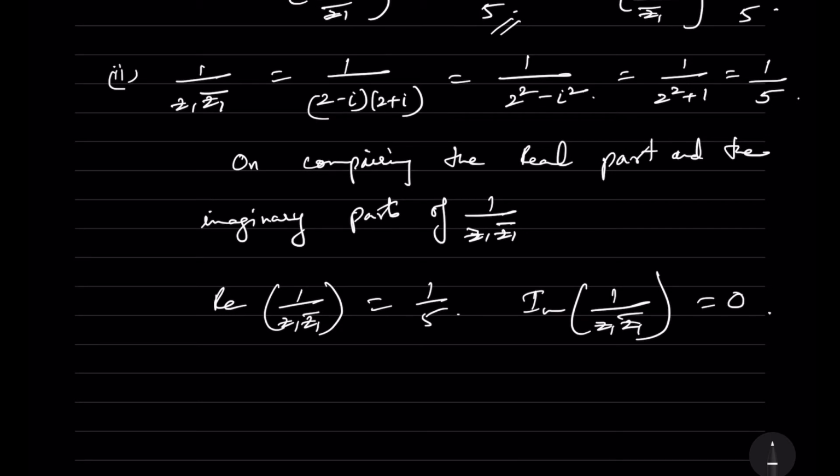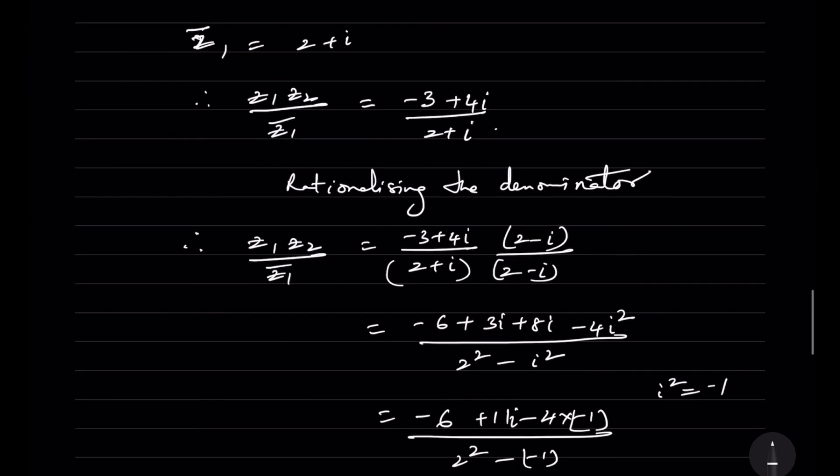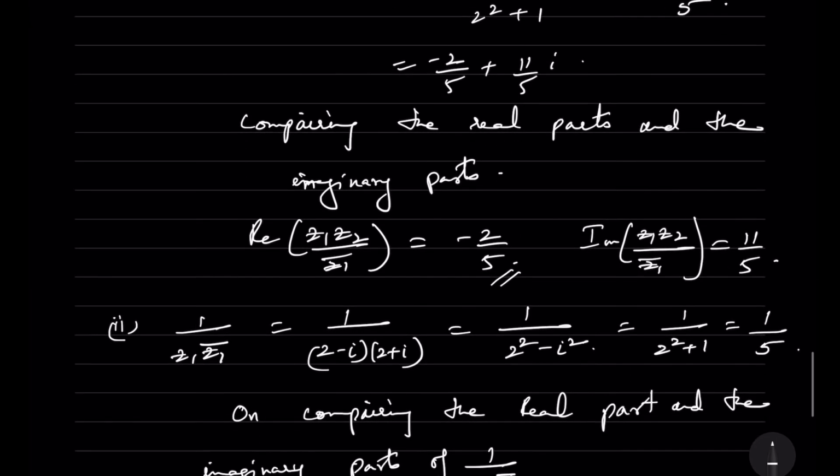So this is the value which we have to find out, the imaginary part, therefore it is equal to 0. In the first one we had to find out the real part, but we even wrote down the imaginary part.